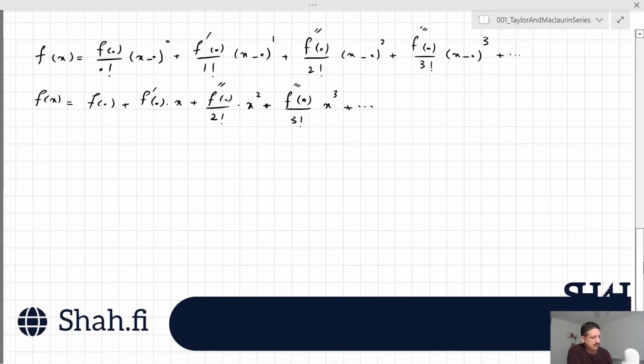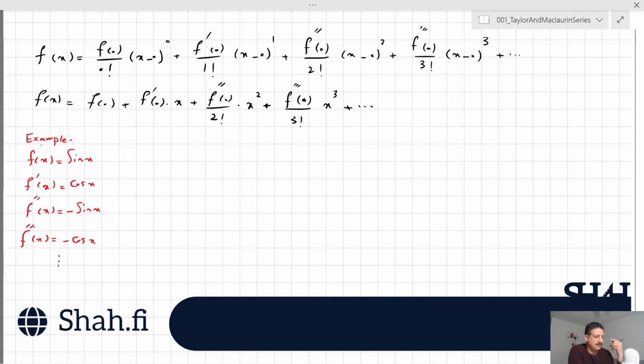Now we can go through one famous example. If f(x) is sine x, then f prime of x will be cosine x, the second derivative will be minus sine x, the third one will be minus cosine x, and so on.